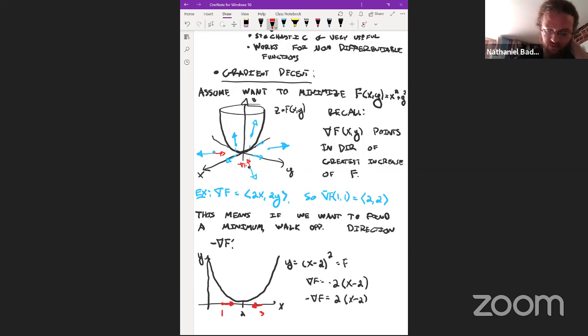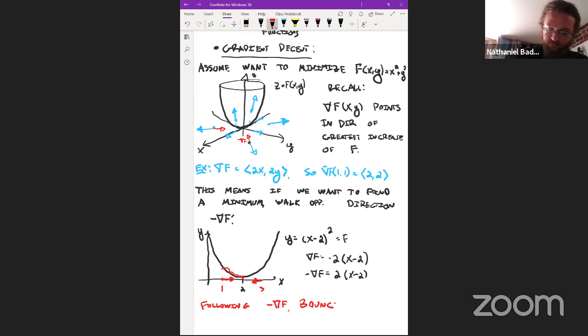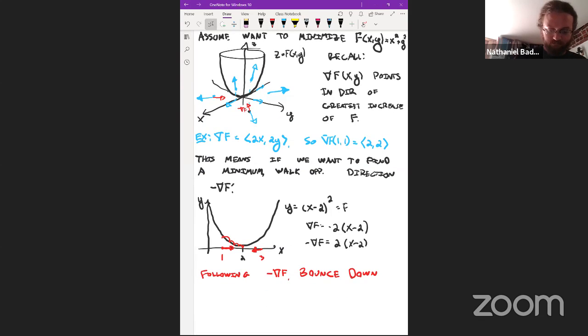And when we're at 3, we should go in the negative direction. And eventually we sort of bounce down, hopefully into the minimum. Okay. So, any questions?